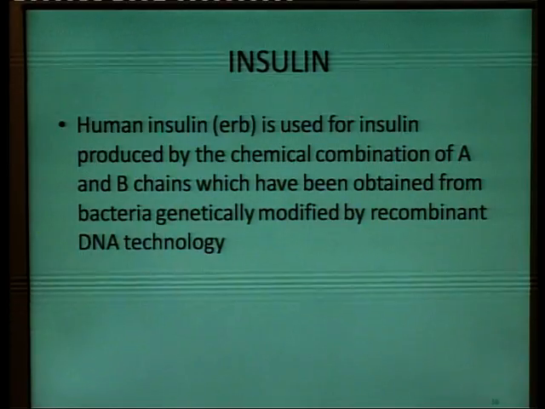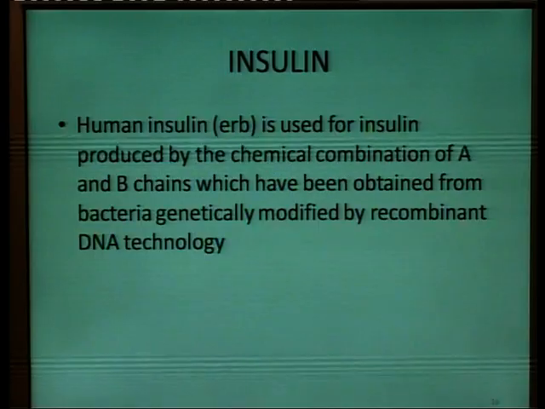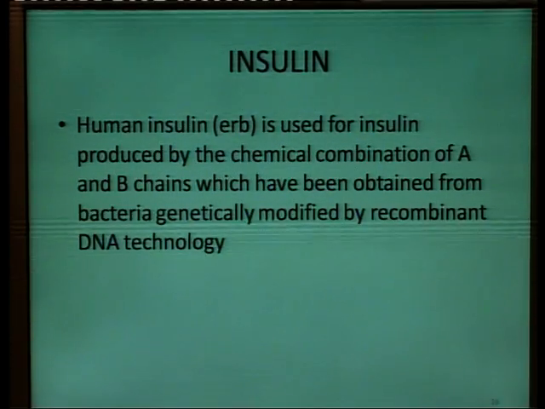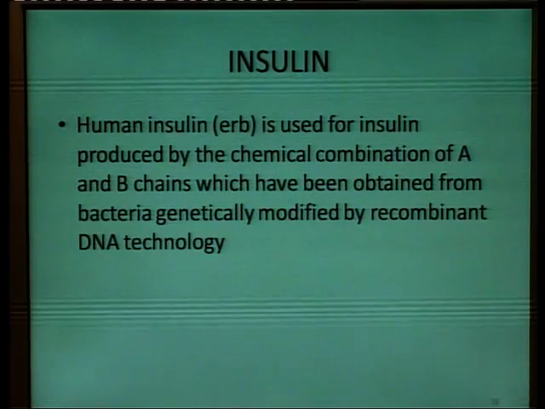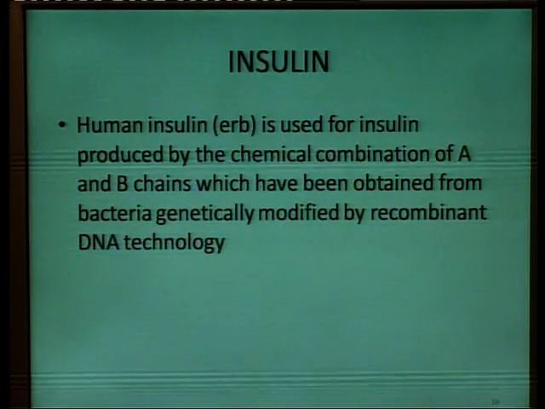Then there is human insulin ERB. It is used for insulin produced by the chemical combination of A and B chains, which have been obtained from bacteria genetically modified by recombinant DNA technology.